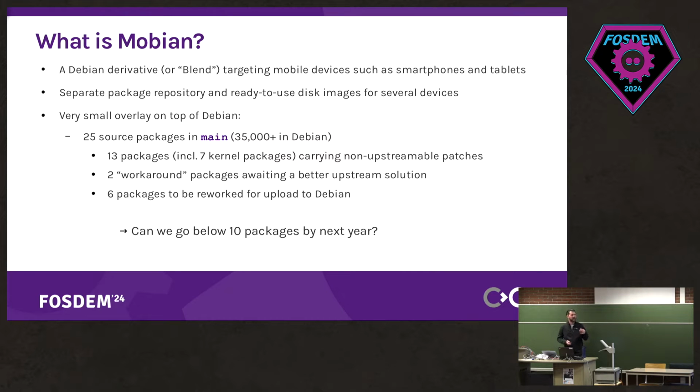And so we have a few packages with downstream patches which can't be upstreamed at the present time. Half of those are kernels, a few others are user space applications, but we're working on dropping those patches and trying to find upstream friendly solutions.